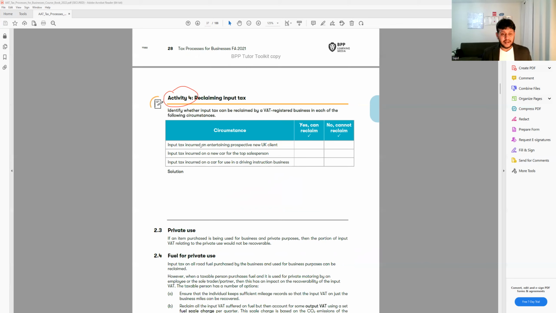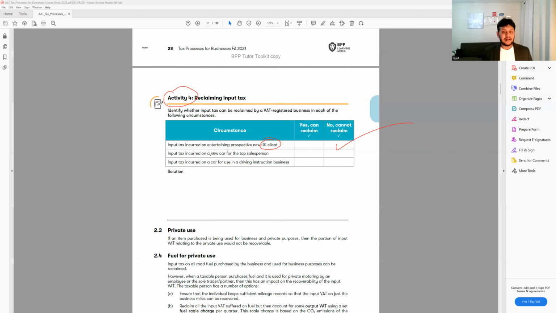The first one says input tax incurred on entertaining a prospective new UK client. So what do you think? If we entertain a UK client, can I claim the VAT or not? The answer is no, because it is a UK client. If the client is from overseas, from a different country, not the UK, the answer is yes, but for this one, no.